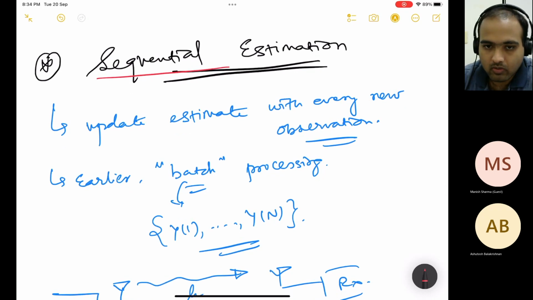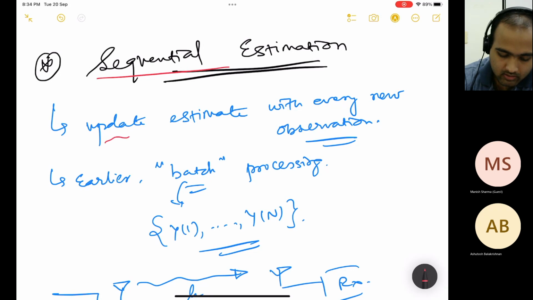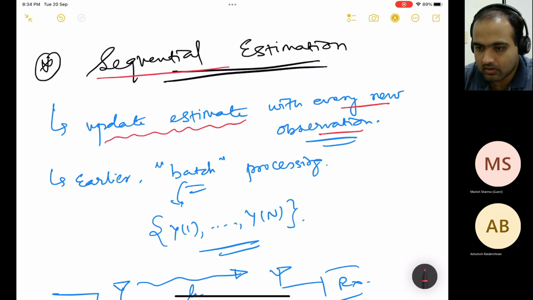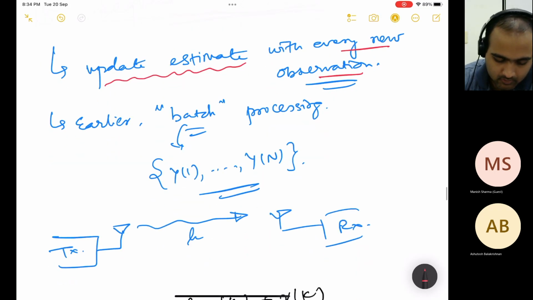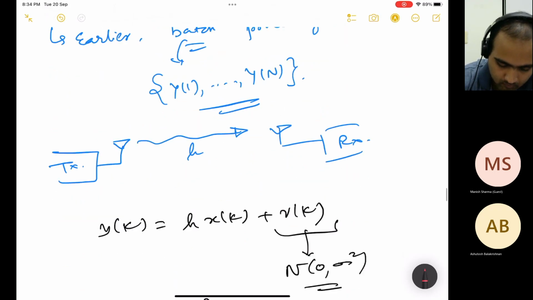Every time we don't need to process a batch of data and compute a new estimate. What we can do is update our estimate as every new observation comes. Rather than processing a group of data that keeps increasing, we are now going to see how we can sequentially update our estimate.